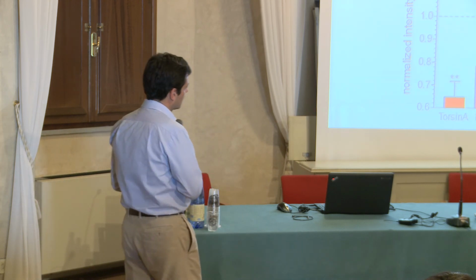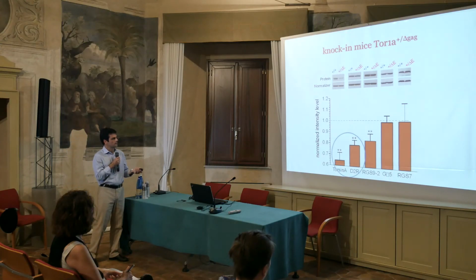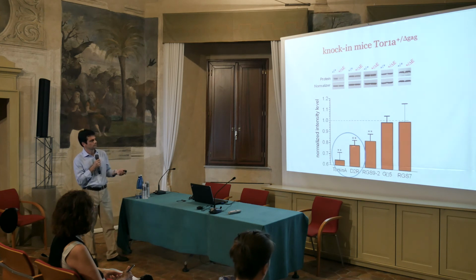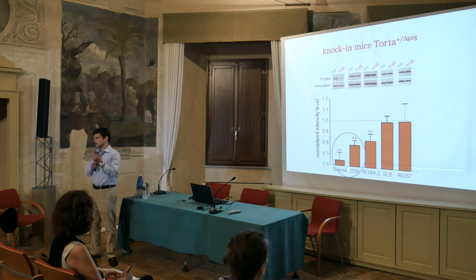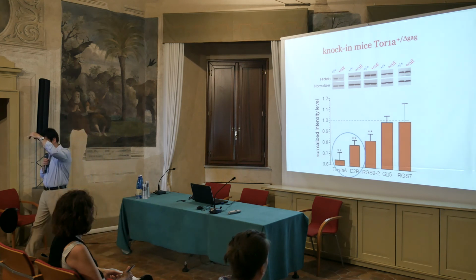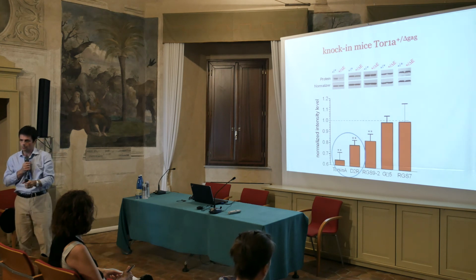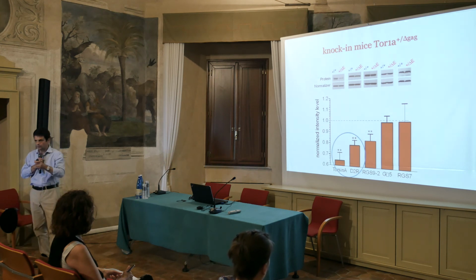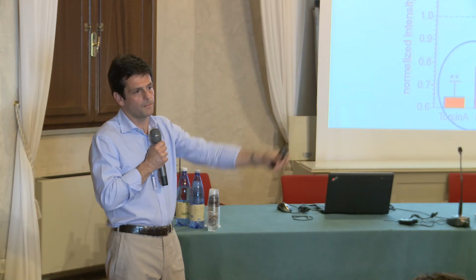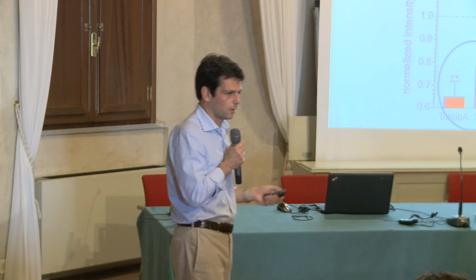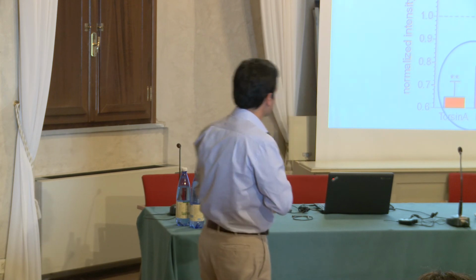And again, we observe a significant decrease of D2 receptors and also RGS9. RGS9 immediately follows in the signaling machinery of D2 receptors. So the dopaminergic signaling pathway is completely gone in these mice.